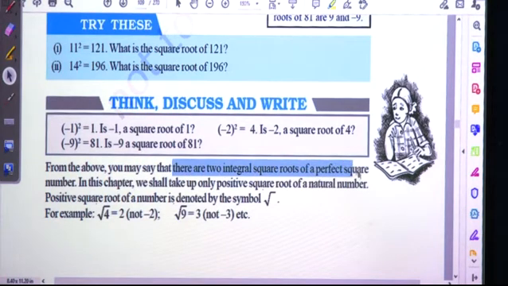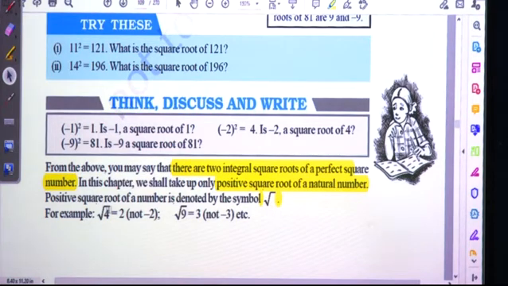In this chapter, we shall take up only the positive square root of a natural number. The positive square root of a number is denoted by this symbol. This is the square root symbol.